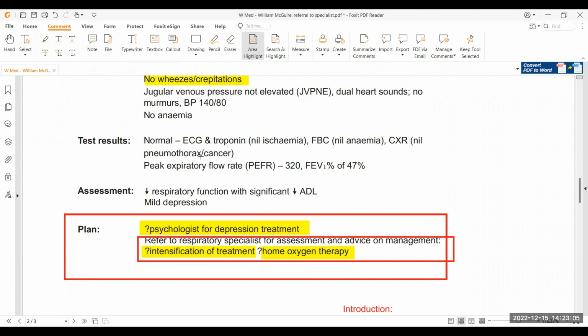Anything significant here, doctor? Peak expiratory flow rate. Chest X-ray as well, probably values we need to mention. You did a chest X-ray, but there's no result for this condition.